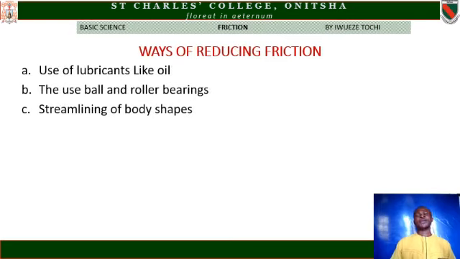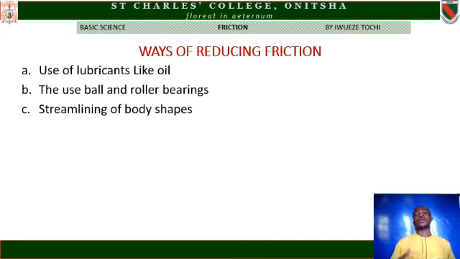Ways of reducing friction. A. Use of lubricants like oil. Whenever the friction is causing you a lot of harm, you can reduce it by applying oil on that surface.